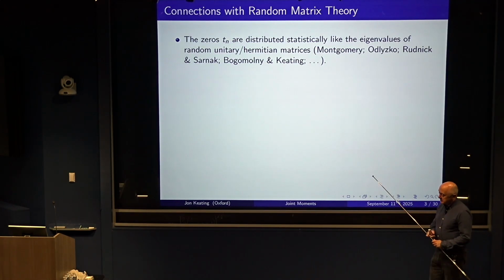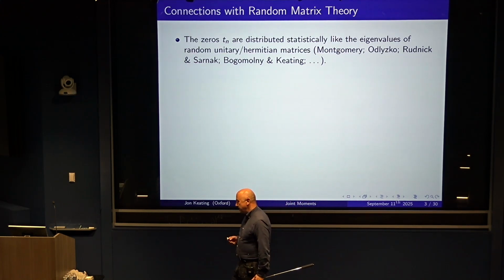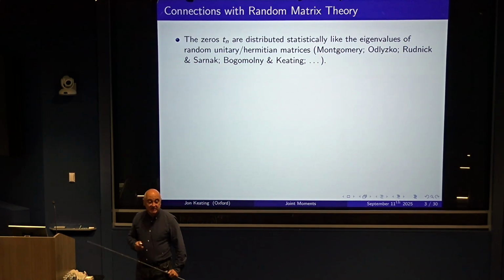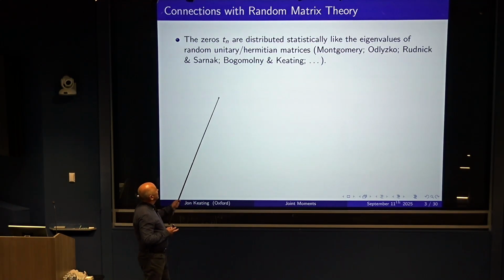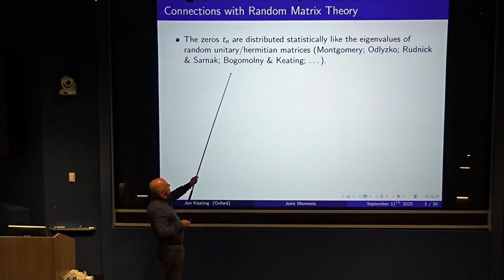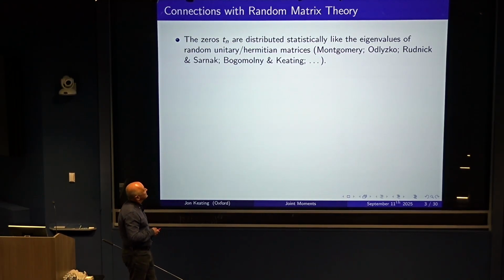It's that the zeros t_n, the heights of the zeros up the half line, are meant to be distributed statistically like the eigenvalues of random matrices, and specifically either random unitary matrices or random complex Hermitian matrices. And this was the observation made by Montgomery based on a theorem that he proved, and this has been built on by many, many authors, and I won't try and list everyone who's contributed.